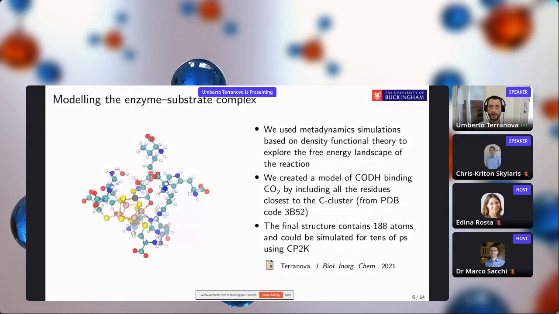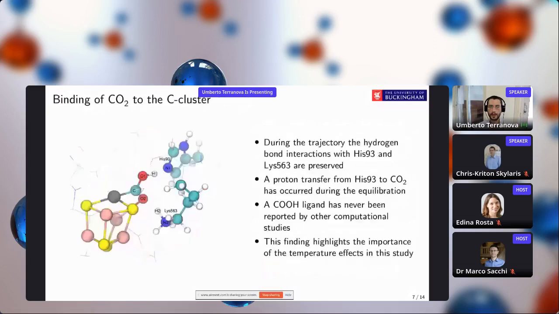One is this sequence, and one interacts by bonds with the CO2 molecule.